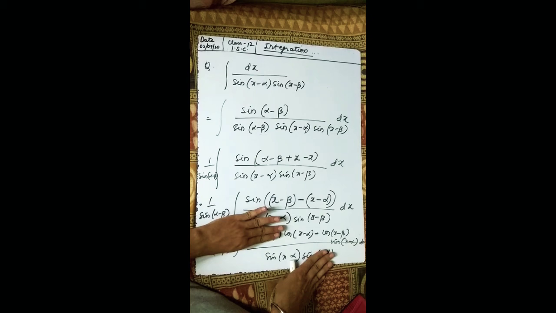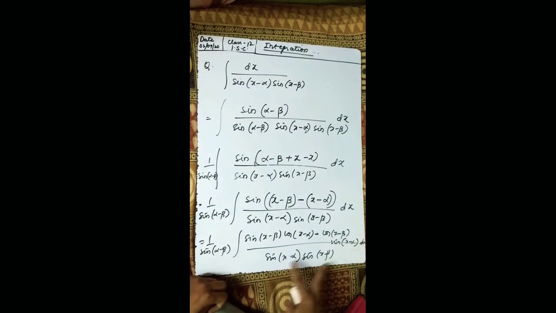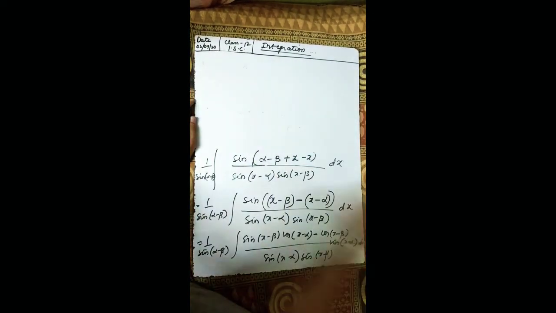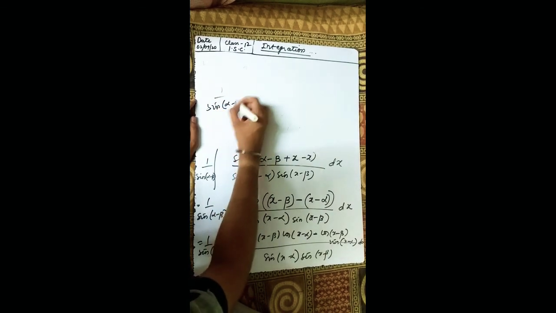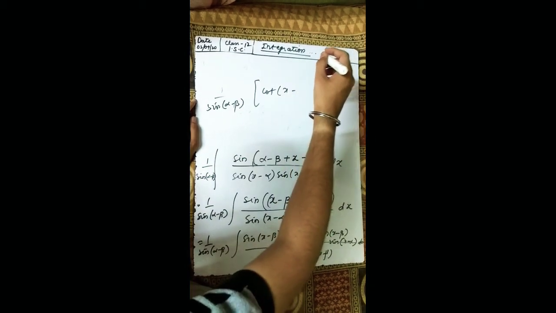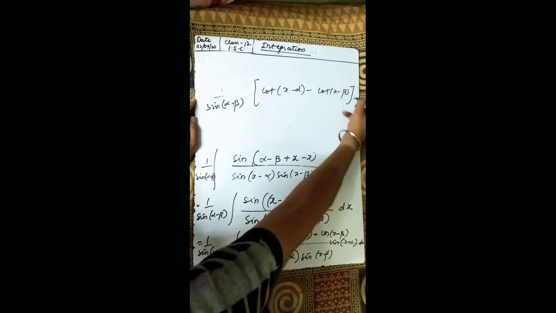Now if you separate this term with this term, you can see that sin (x minus beta) upon sin (x minus beta) is cancelled, and you are left with cot (x minus alpha) minus, if you separate this with this, sin (x minus alpha) is cancelled and you are left with cot (x minus beta). So finally you have 1 upon sin (alpha minus beta) times cot (x minus alpha) minus cot (x minus beta). Now you know how to integrate this.